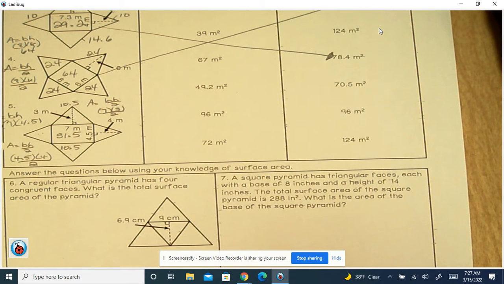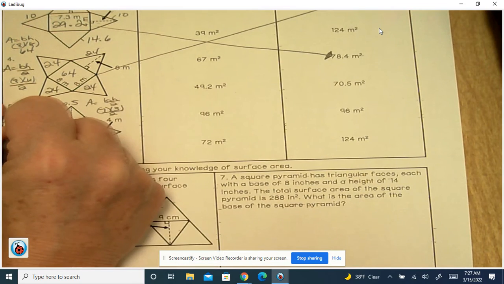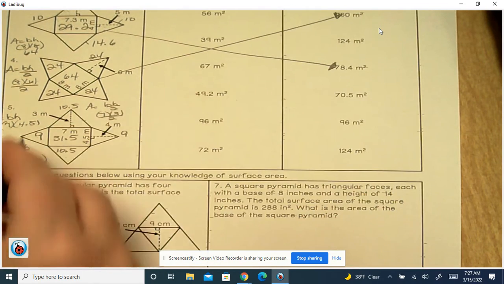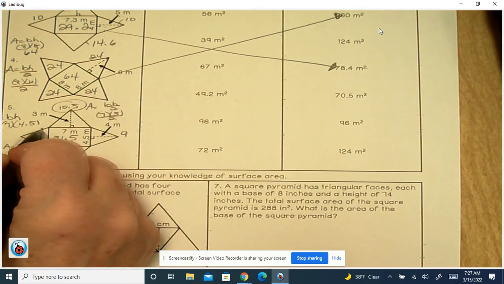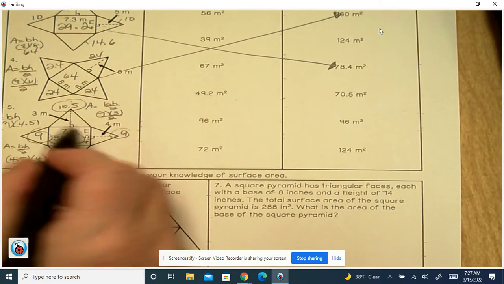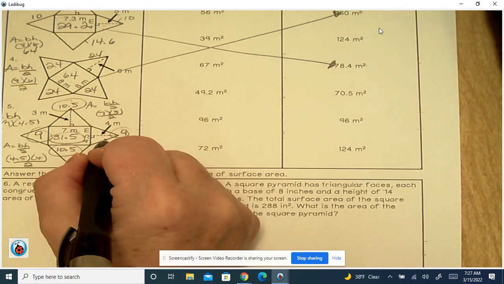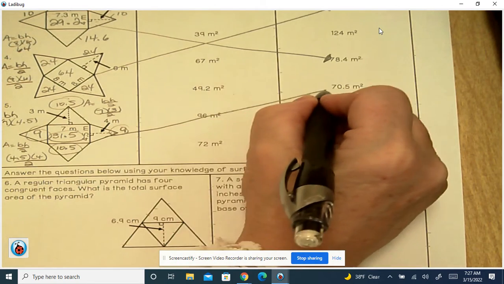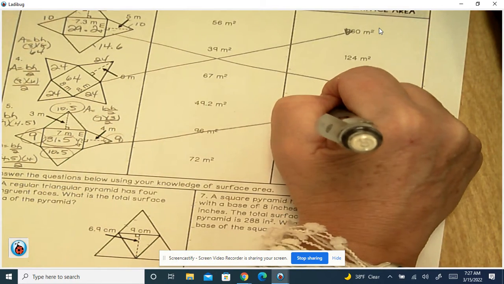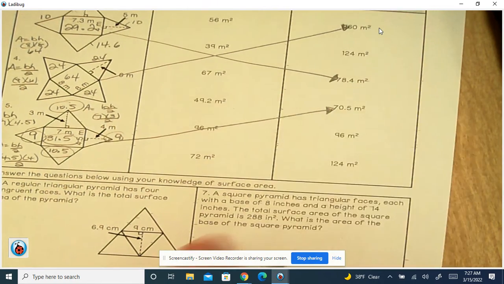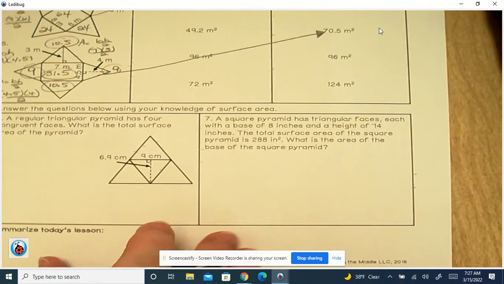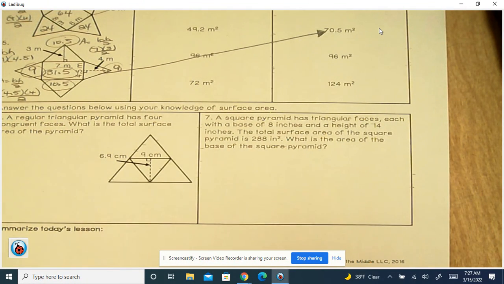And 4.5 times 4 divided by 2 is 9. So this one is 9 and this one's is 9. And when you add up all of these numbers here, you get 70.5. Same thing, we're just adding up the faces, the area of each face to get surface area.